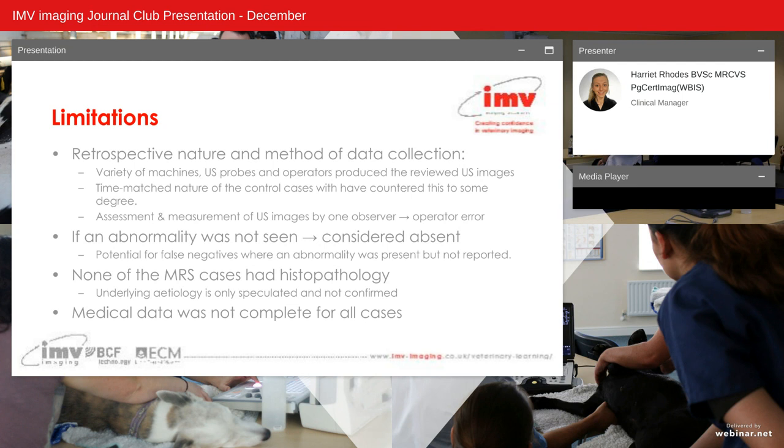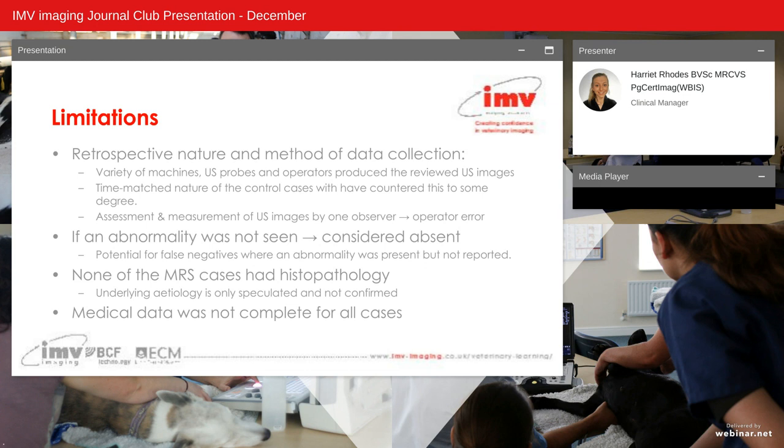And another point, when the ultrasound images and reports were reviewed, if an abnormality was not seen or reported, it was considered absent, and therefore this raises the potential for false negatives where an abnormality may have been present but was not reported. In addition, as none of the medullary rim sign cases had histopathology, the underlying etiology can only be speculated and not confirmed.